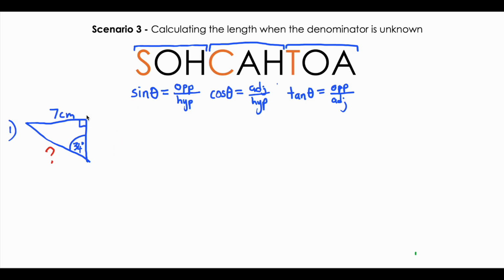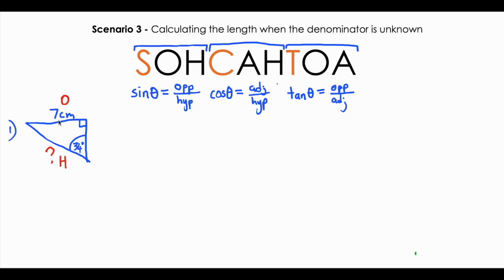So this here represents what? The hypotenuse. That's what we want to find, the hypotenuse. What does this 7 represent? That's the opposite. Exactly. It's opposite to the angle that we're looking at. So O and H. Who uses O and H?